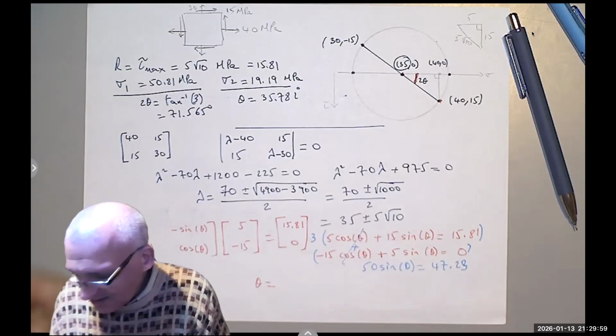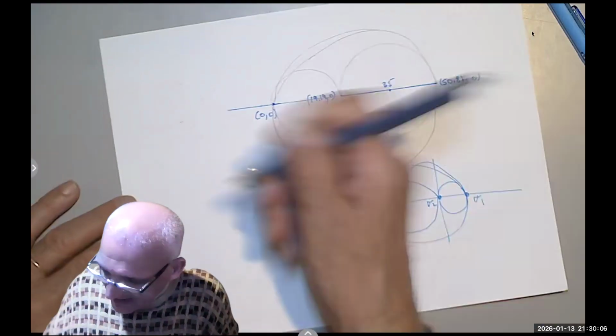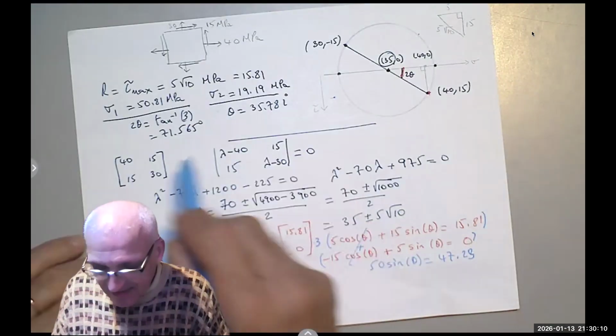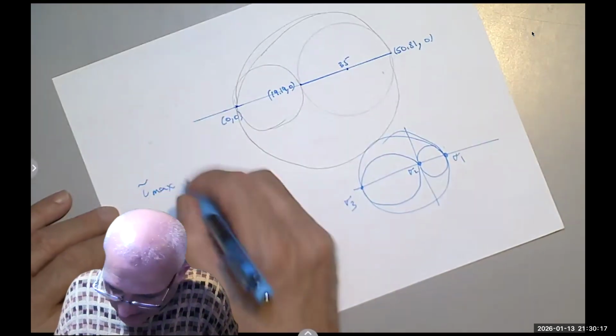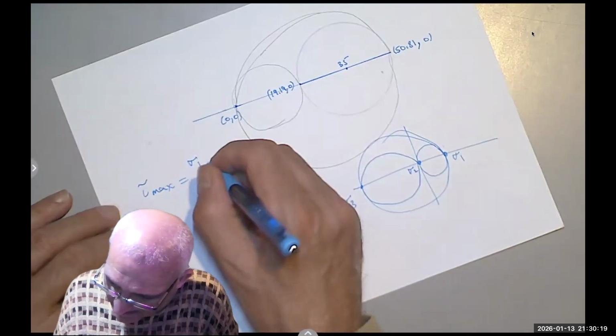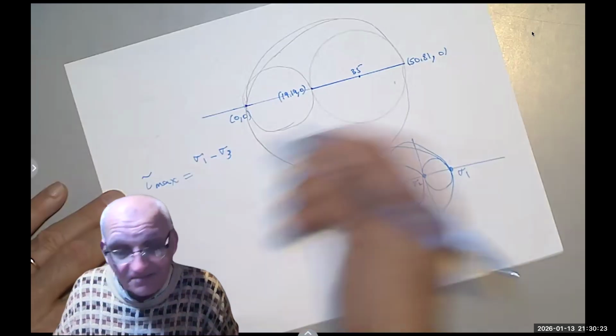and then use what you get. I hope this was easy. Of course, the drawing is horrible, but we said here tau max, so we could have said this is not tau max. This is tau max in the xy plane, but tau max here would be sigma 1 minus sigma 3. In this case, sigma 3 is 0, but it may not be 0.